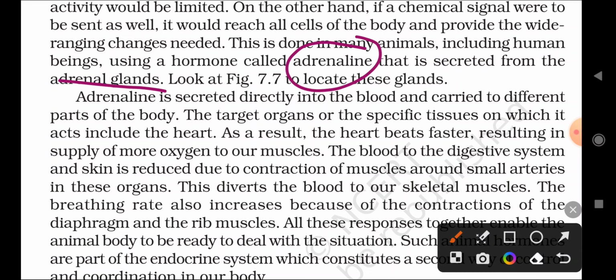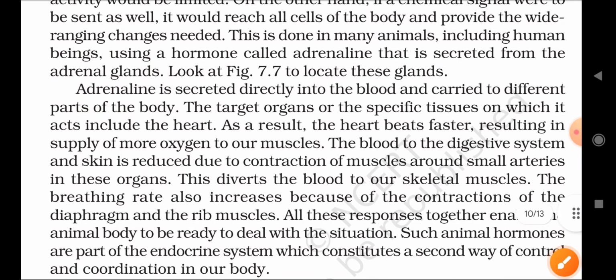In all animals, including human beings, this adrenal gland helps in scary situations. To deal with the situation, this hormone will help the body prepare what type of activity should be taken in that particular situation. Okay, which hormone is secreted by the adrenal gland? Adrenaline hormone. Very important points.